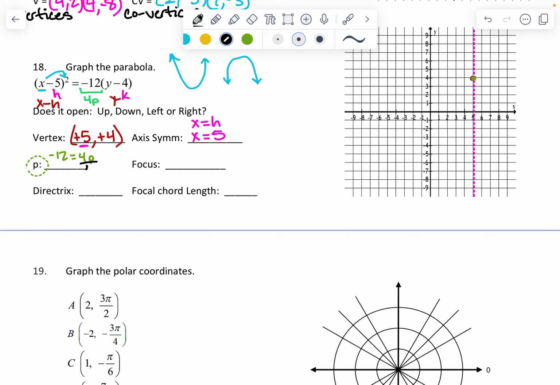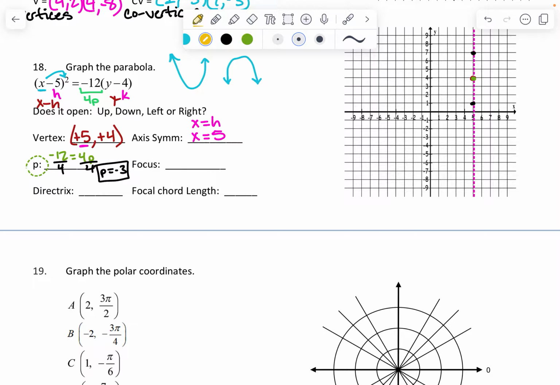So if we divide both sides by 4, p equals -3. That's our p value. So that means from this vertex, we're going to go up 3, 1, 2, 3, and that's either going to be our focus or our directrix, and we're going to go down 3, 1, 2, 3. That's either going to be our focus or our directrix.